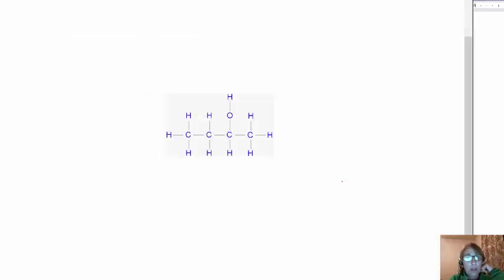So looking at the structure, we know that the end carbons are going to be achiral because they each have 3 hydrogens. The 3 carbon is achiral, so 1, 4, and 3 are all achiral because they don't have 4 different substituents bonded to them.